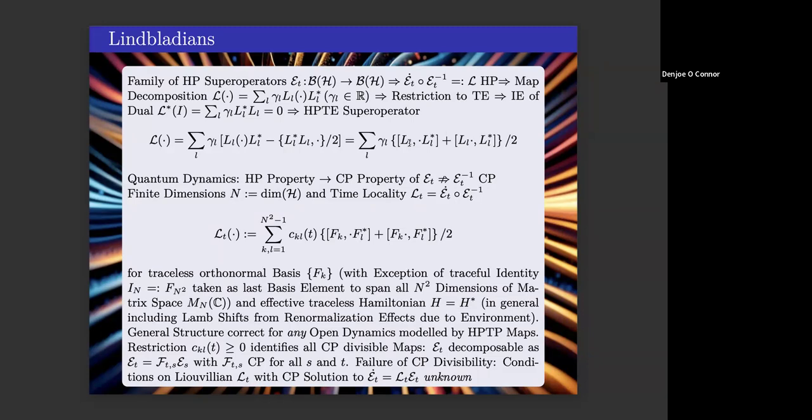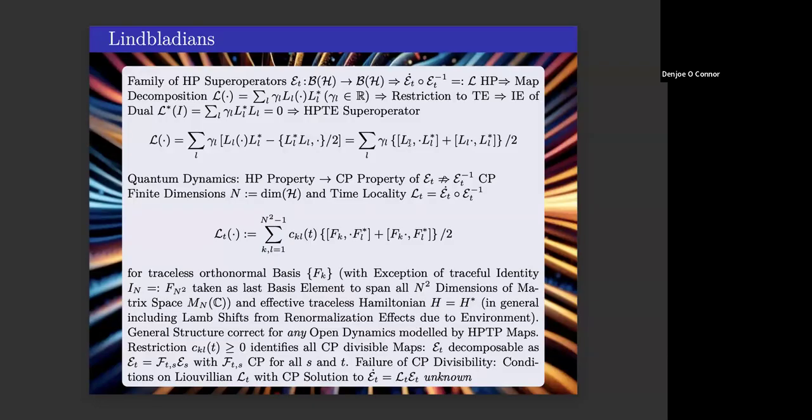And if you then look at the generators, they always have to take this form, just because of hermiticity preservation and trace preservation. You want trace preservation for the dynamics, and so you need trace annihilation for the generator. But now for quantum dynamics, we know that hermiticity preservation is not enough.